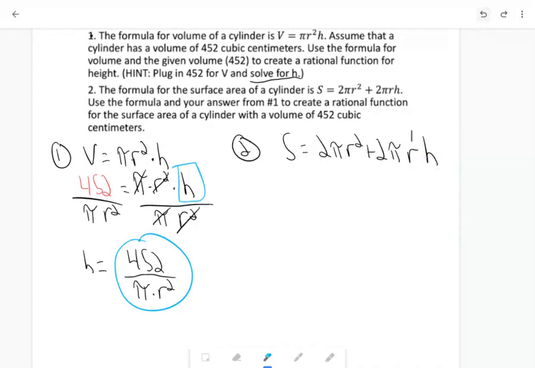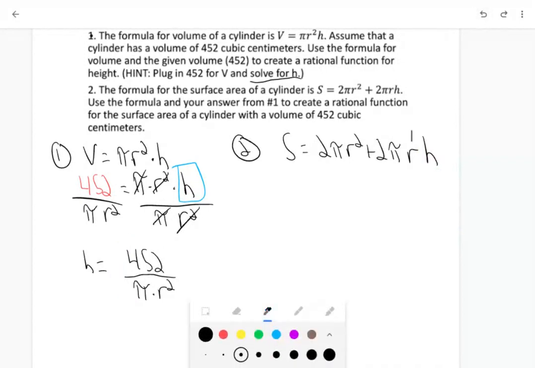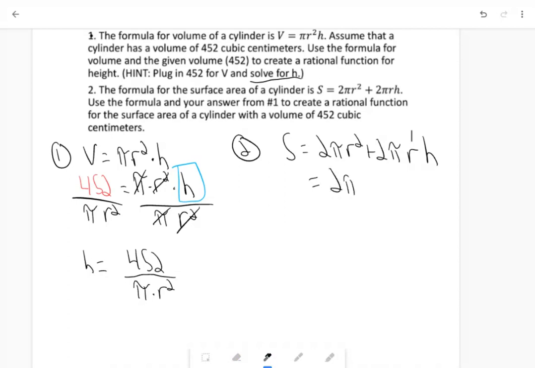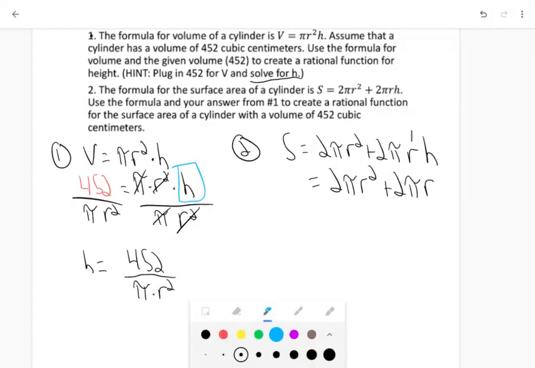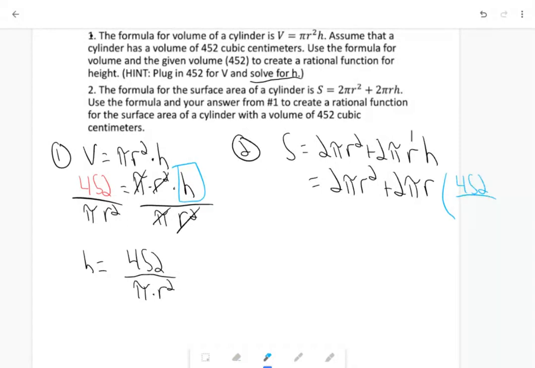Watch what I do here. I'm going to take the formula, 2 pi r squared plus 2 pi r, and I'm going to replace h with my answer from number 1: 452 divided by pi r squared.